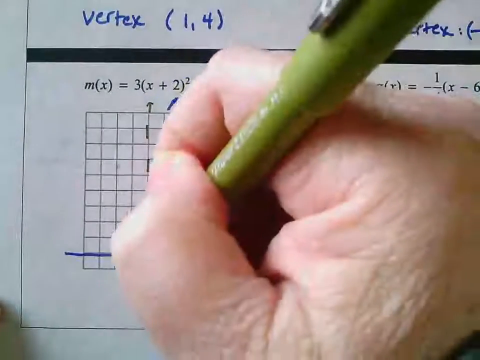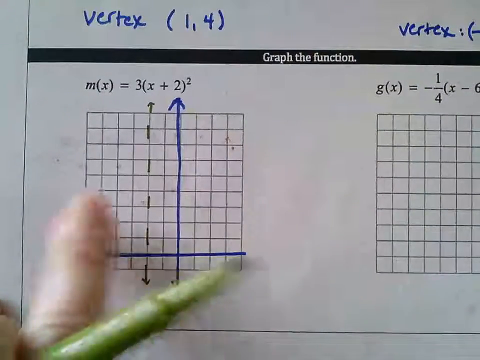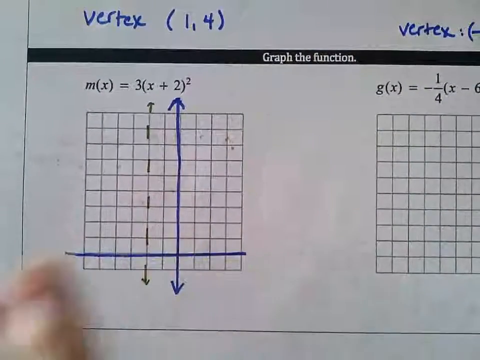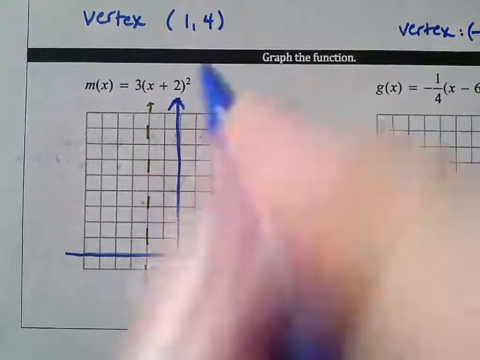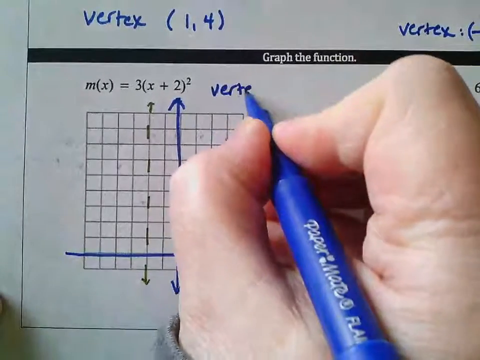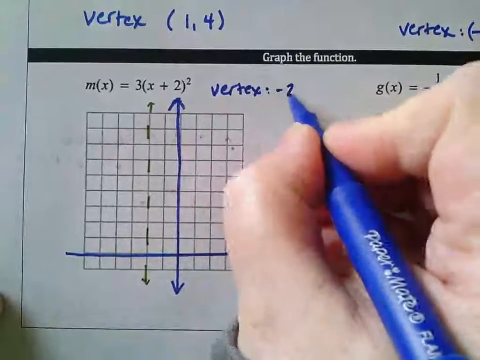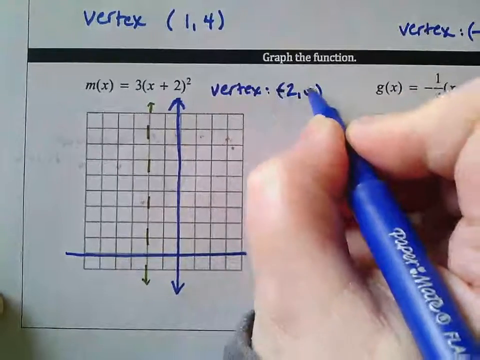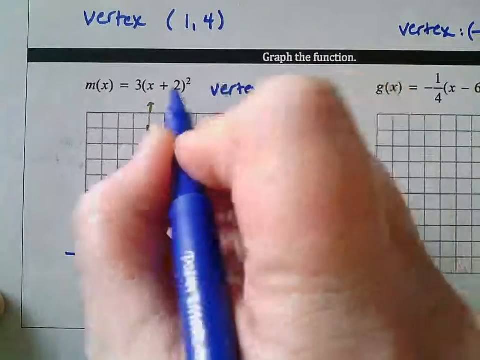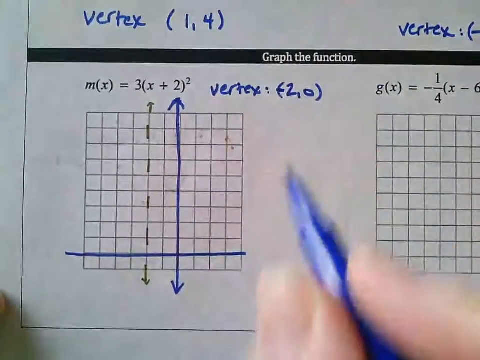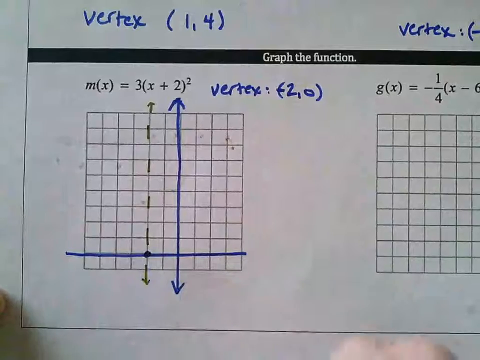That means my graph is going to be symmetrical on both sides of this. My vertex is going to be at -2, 0, because again, there's nothing added here. So this is my vertex.